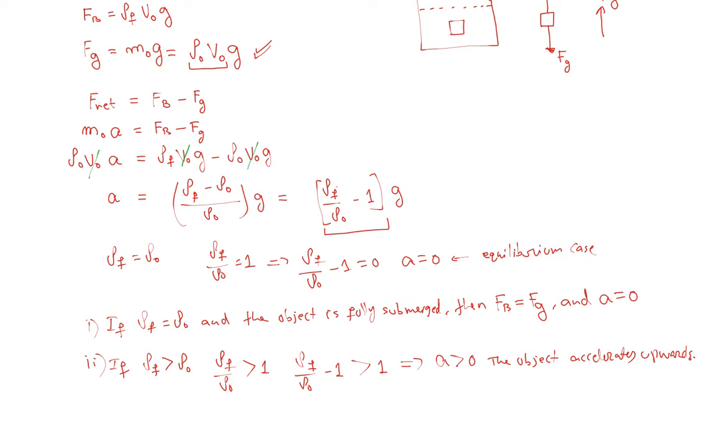And this is the reason why, for example, if you submerge a balloon inside a fluid, inside water, the density of the balloon is much smaller than the density of the water. So the density of the fluid is larger, and that's why it accelerates upwards and pops up to the surface.